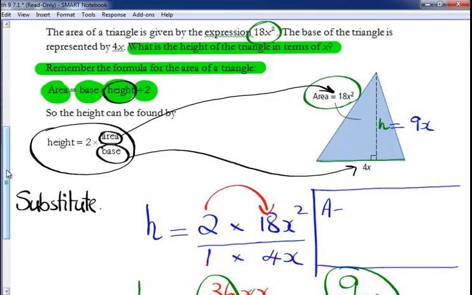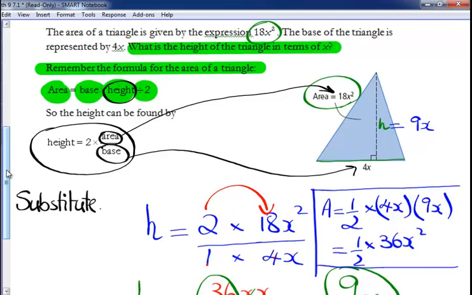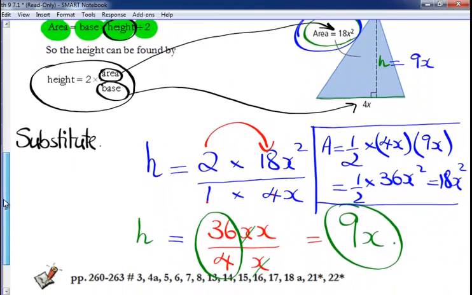Area is equal to 1/2 times the base, which is 4x, times the height, which is 9x. 4 times 9 is 36, so you get 36x squared times 1 over 2. 1/2 times 36 is 18x squared, which is what the area was to start with. So that's double checking that we did the right thing.